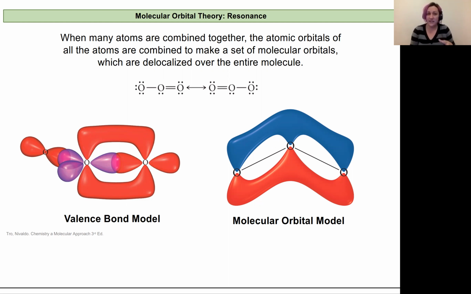But even with diatomic molecules that just have two atoms, we're taking all of those atomic orbitals and combining them into a set of molecular orbitals that apply over the entire molecule. And when we create a set of molecular orbitals for the molecule, rather than focusing on what's happening at each individual atom, then it's easy to see how electrons can be delocalized over the entire molecule.